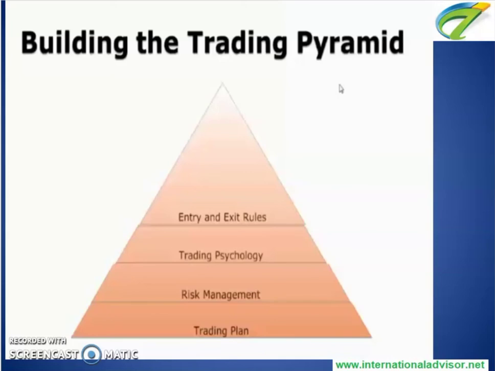Here is how we build the trading pyramid. We have the trade plan combined with proper risk management, which we just studied: risk-based, percentage-based position sizing, ROI, risk to reward ratio, and other factors. Then the trading psychology, which comes after the trading journal. We realize our mistakes.